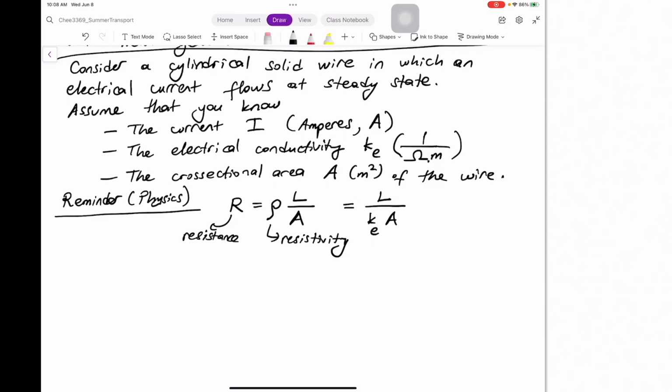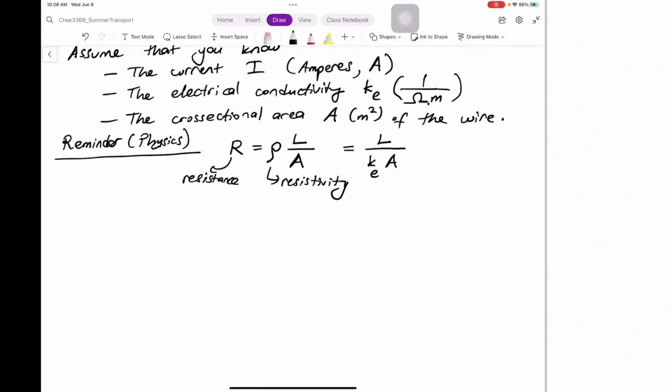Okay. Now, this is the reminder, and another reminder is Ohm's law, and also the power dissipation, or the thermal energy dissipation in volume V of the wire. So how much thermal energy is dissipated from a wire?